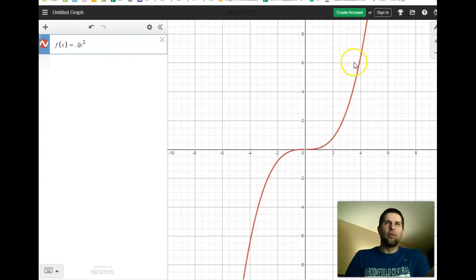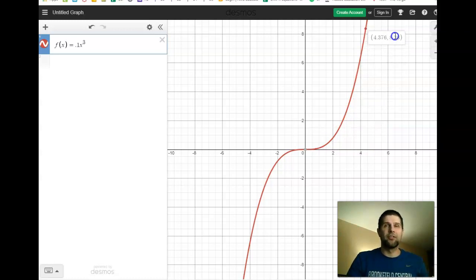As x goes to infinity, if I were to drag my cursor this way, what's happening to the y values? Well, the y values are just increasing a lot. As x is getting bigger, y is also getting bigger.